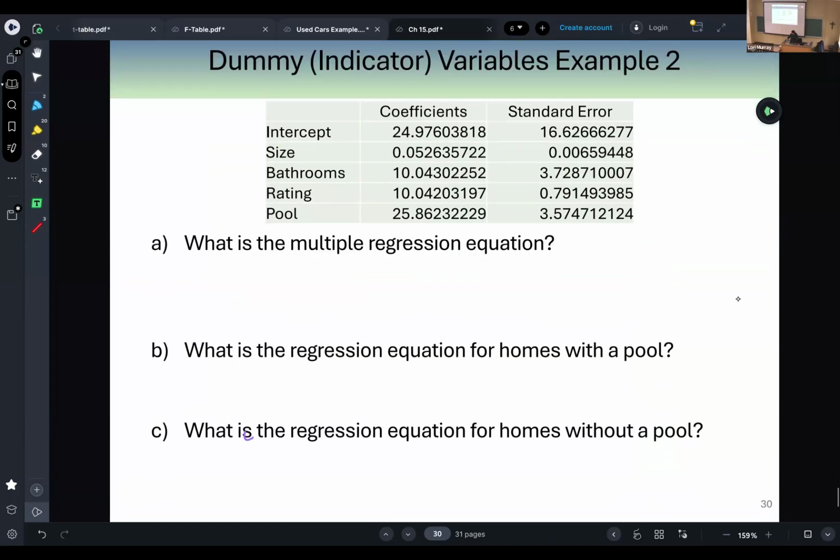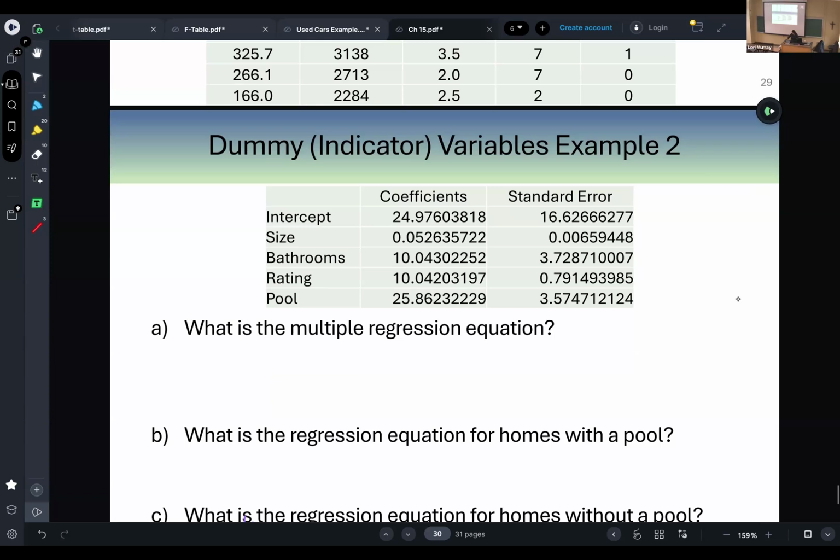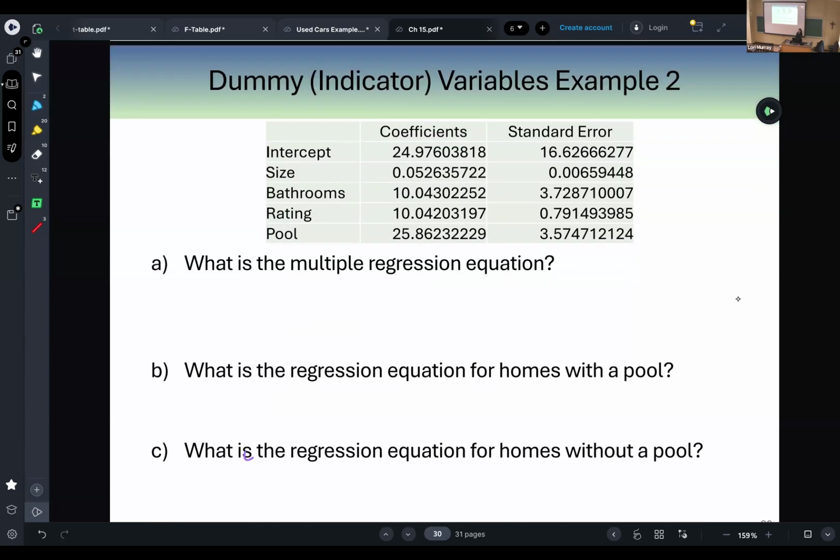So you could then get the output. This is some of the raw data, because there are 80 homes, there are many more. And then here's the output showing the Excel coefficients and standard errors. We have the size, bathrooms, rating, and pool. The coefficients would be B0, B1, B2, B3, B4, for X1, X2, X3, X4, and the standard errors would be S0, S1, S2, S3, S4. Just know what the output is showing us.